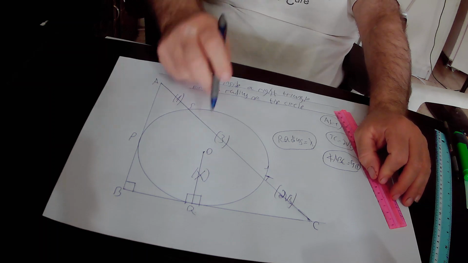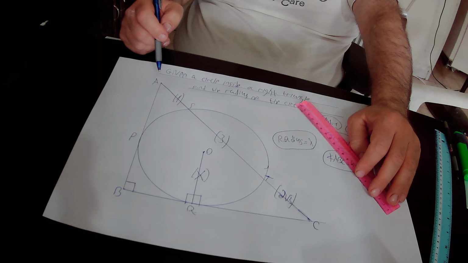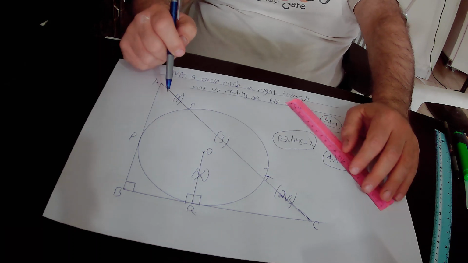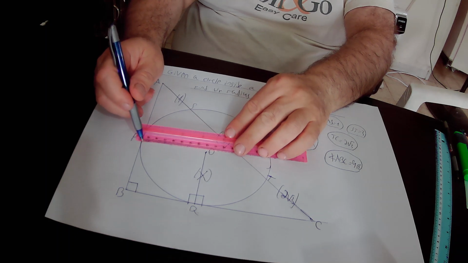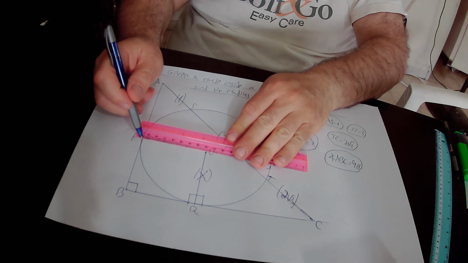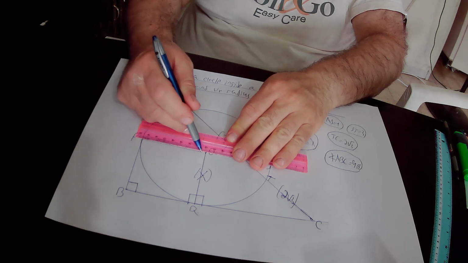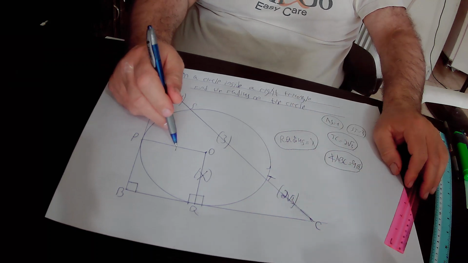Likewise, we join points O and P together by a straight line. Point P is the point of tangency of tangent AB with this circle. So we join points O and P by a straight line. Line segment OP is the radius of this circle that is equal to x.